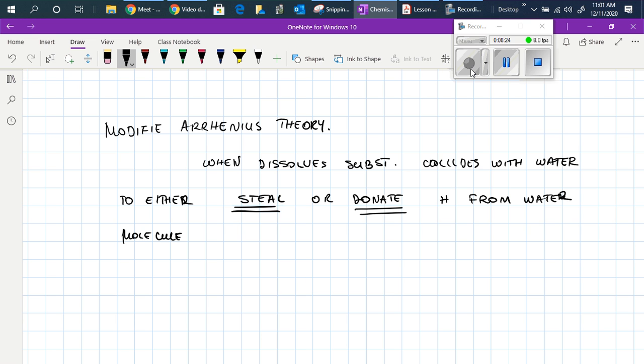Depending on whether it is stealing or donating, we will have a base or an acid.